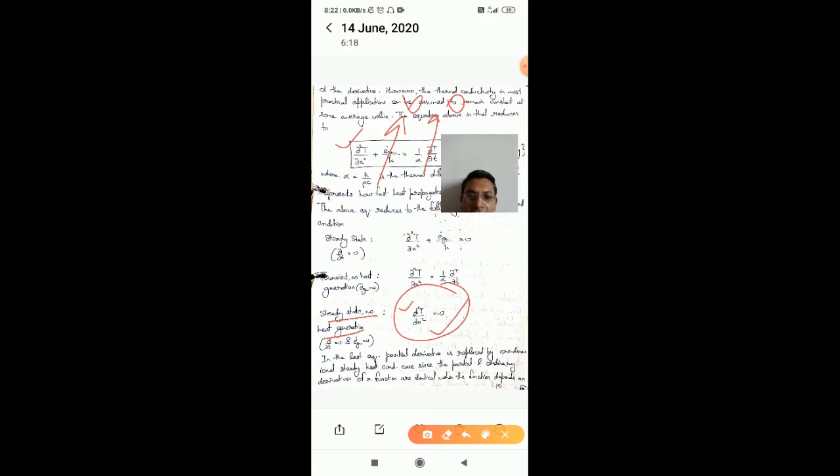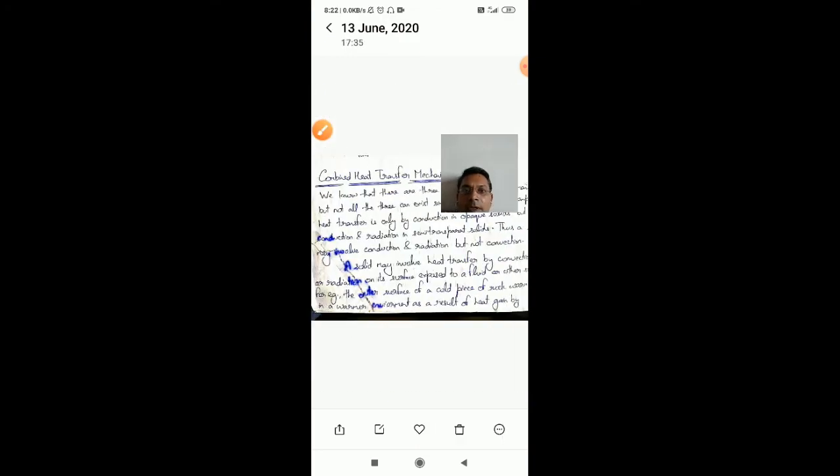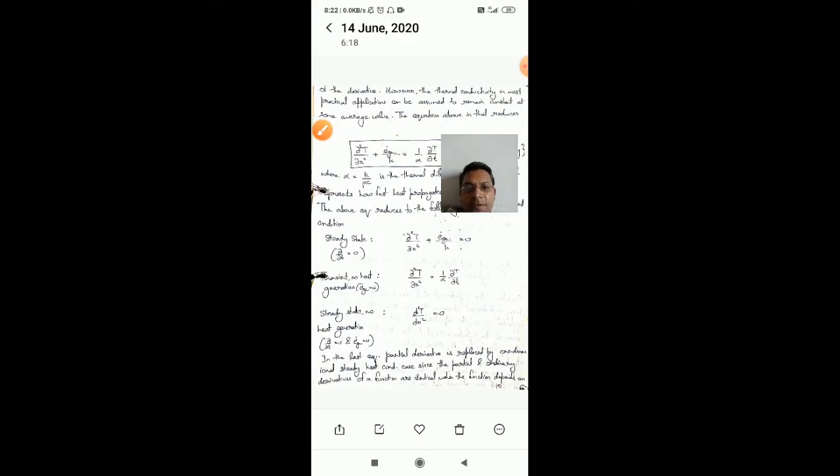Since the partial and ordinary derivatives of a function are identical when the function depends only on a single variable. This is basic mathematics which you must know from your first courses: if a function depends on only a single variable, partial differentiation may be written as an ordinary differential equation.